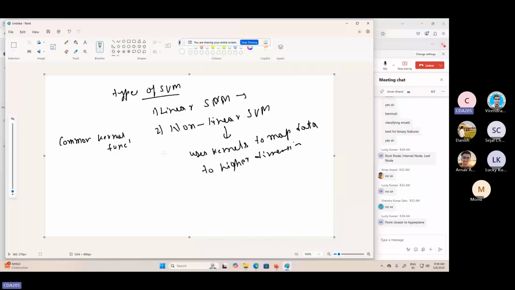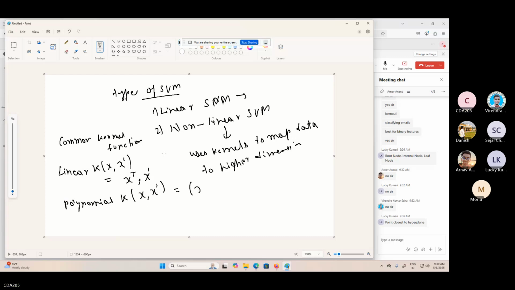For the linear kernel, k(x, x') is x transpose x'. For the polynomial kernel, k(x, x') is (x transpose x' plus c) to the power of d.